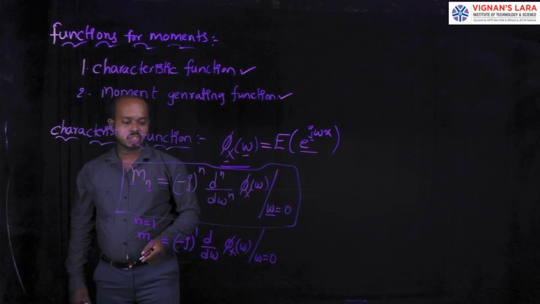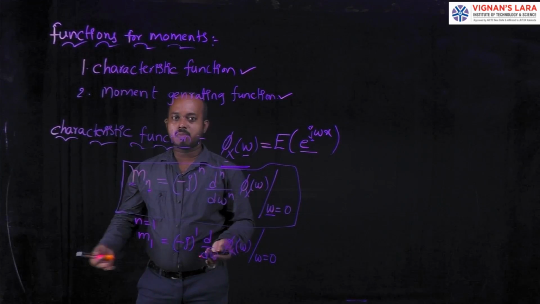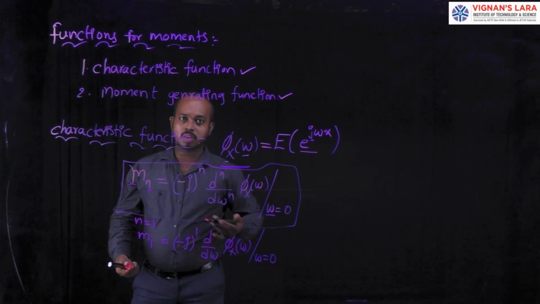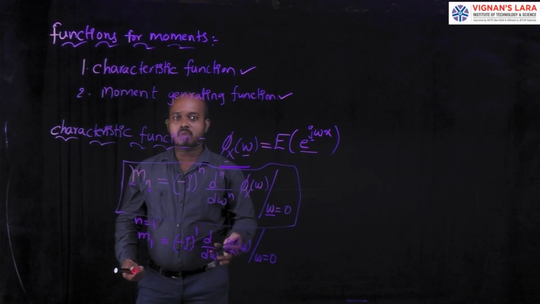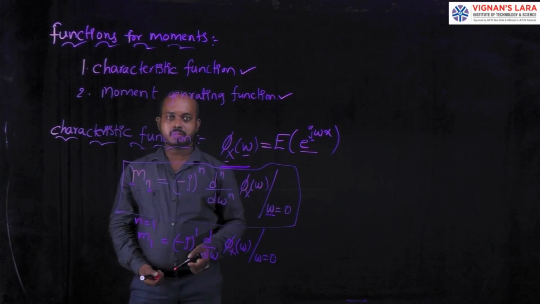Just keep the value of n and you can find any number of moments. What is the second moment? What is the third moment? You can find those values by substituting the n value.